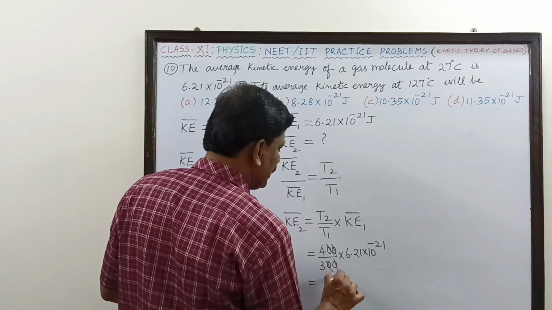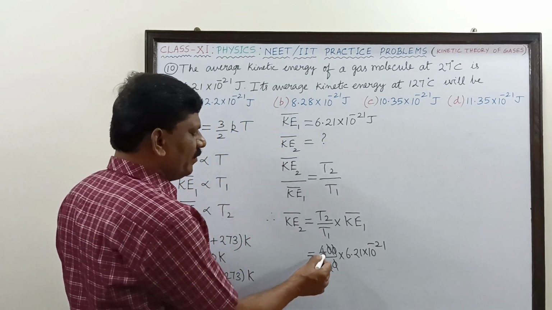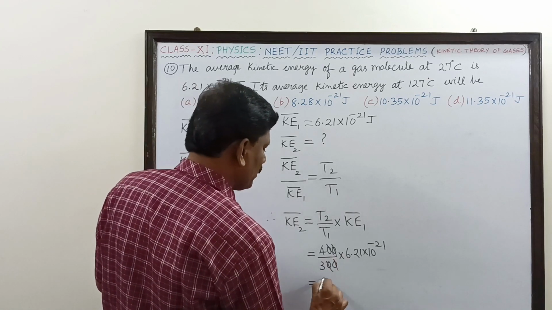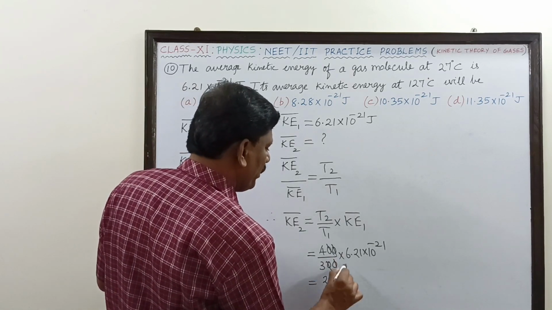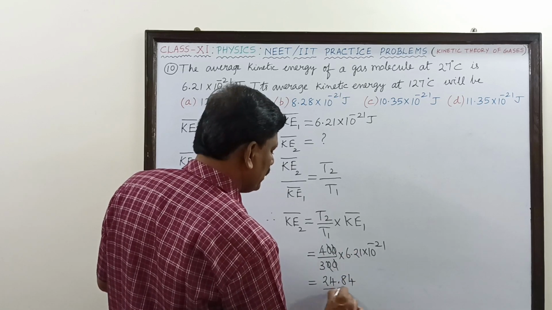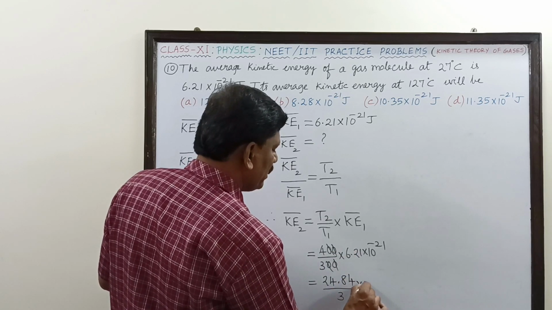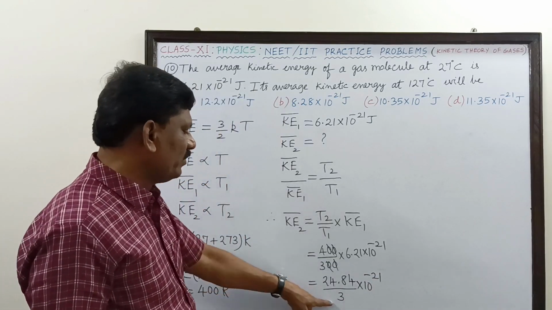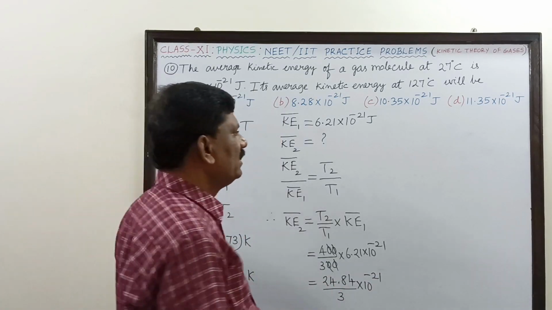So the zeros get cancelled. So I will multiply 6.21 by 4. So 6 4s are 24, 4 2s are 8, 4 1s are 4, divided by 3 into 10 to the power of minus 21. Once again we have to divide this by 3.